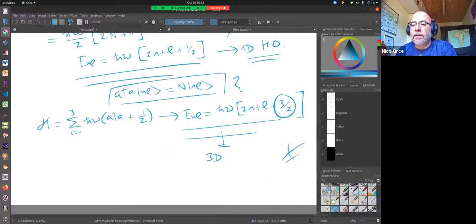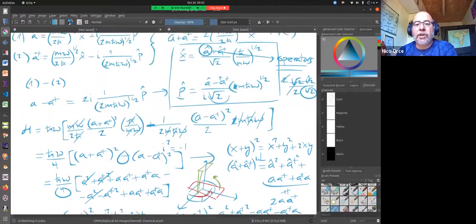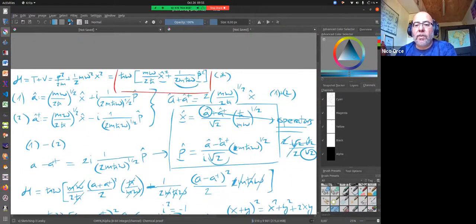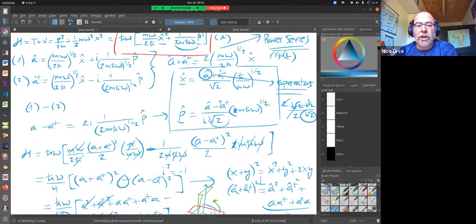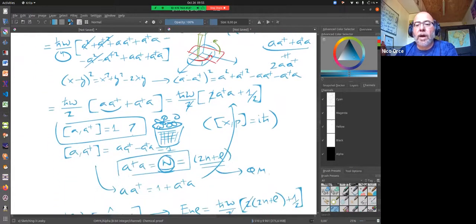So we have deduced this from using the second quantization, as you can see from here, which is quite complicated. Either we go the difficult route of doing by power series, which is very complicated, more complicated than what we have done, or we simplify the problem by using second quantization and the A and A dagger operators, the annihilation and creation operators. We simplify the problem to a Hamiltonian which is equal to h bar omega A dagger A plus 1/2. This is quite simple, right?